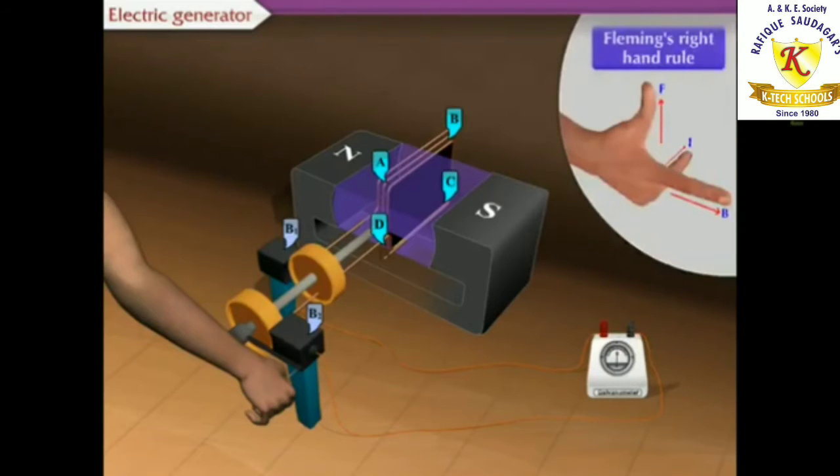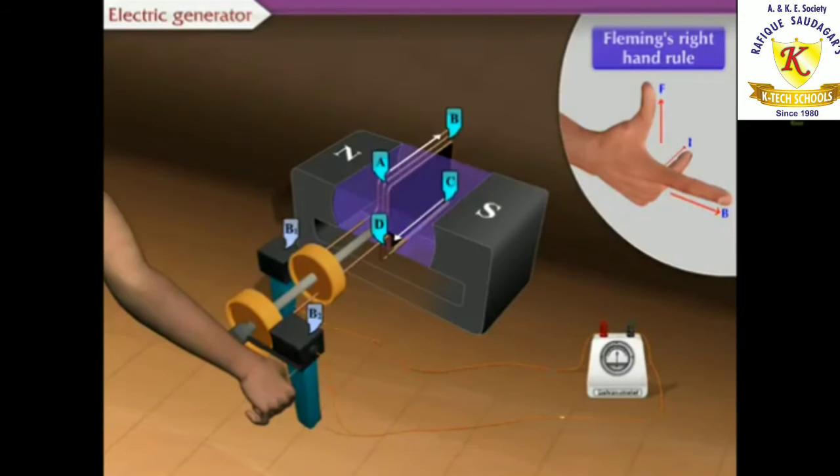According to Fleming's right-hand rule, the electric current is produced in the branches of ABCD in the direction A to B and C to D. Thus, the current flows in the direction of A, B, C, D. In the external circuit, the current flows from B2 to B1 through the galvanometer.